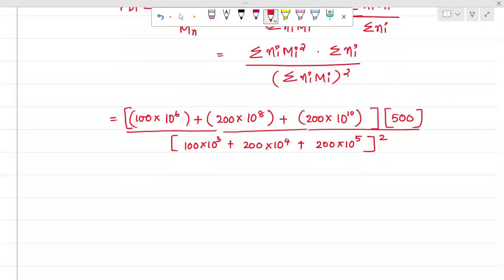So for the sake of simplicity, 500 is already common out. And I can take 10 to the power 8 outside, because there are hundreds in everything. So what I have inside is, this was 10 to the power 6 and I took 100 as 10 to the power 2.